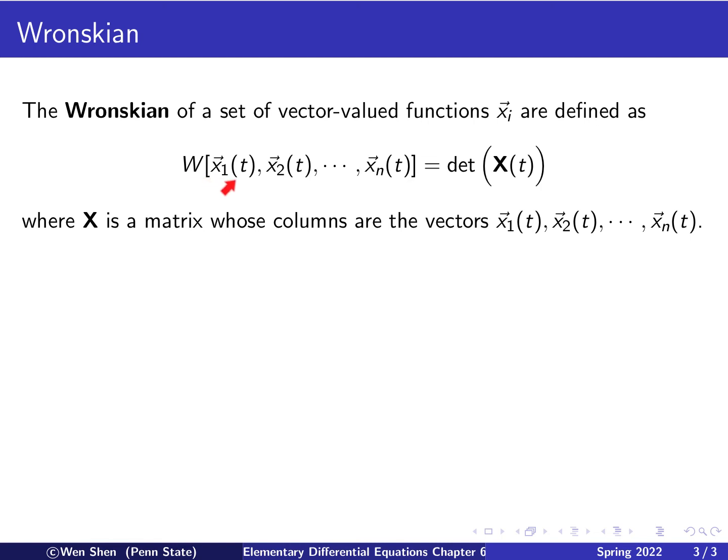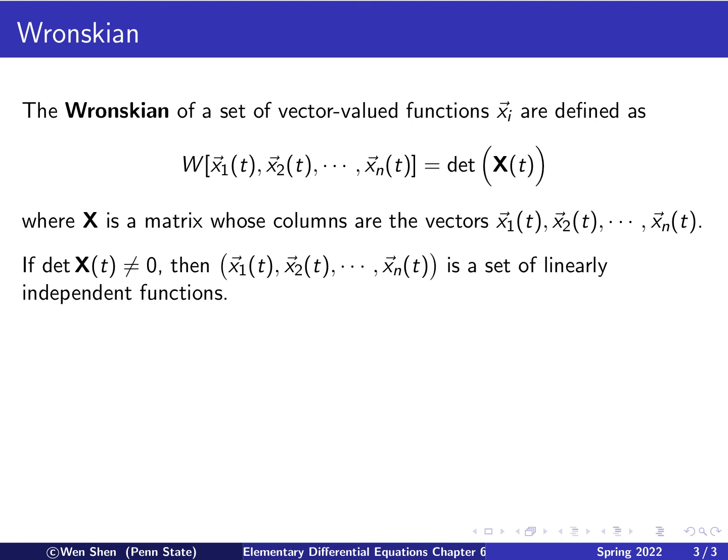The Wronskian of this is computed as the determinant of the matrix, we call it capital X. Here the matrix X is simply a matrix whose columns are exactly these vectors. So these are column vectors: x1 has length n, x2 has length n, and x_n has length n, and exactly this forms a square matrix of size n times n. You compute the determinant of this, and that is called the Wronskian of this set of vector valued functions.